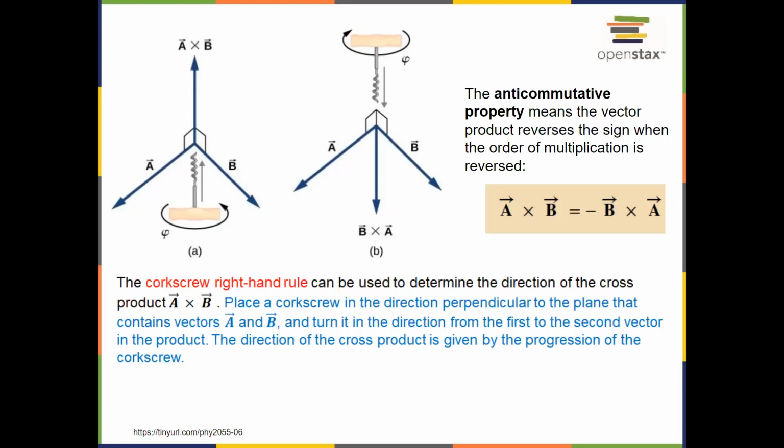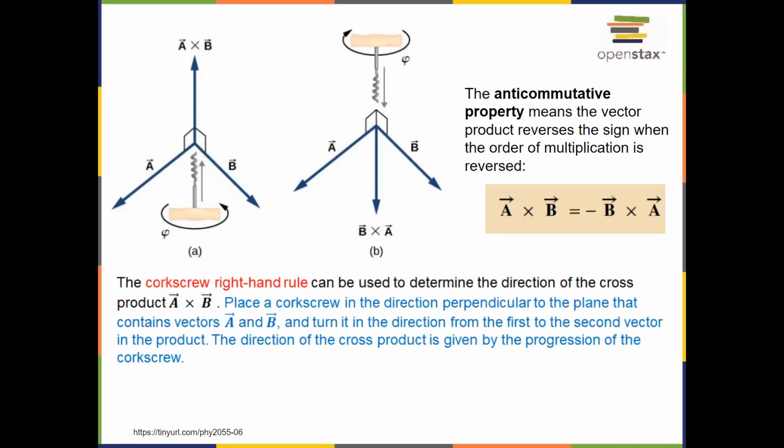If you do A cross B, the direction of the resultant vector is perpendicular to the plane of A and B. If you have A and B, they form a plane because they are two lines, and the resultant is perpendicular to it. Let's say these two vectors A and B, it will be perpendicular to this plane, either going upward or going downward.